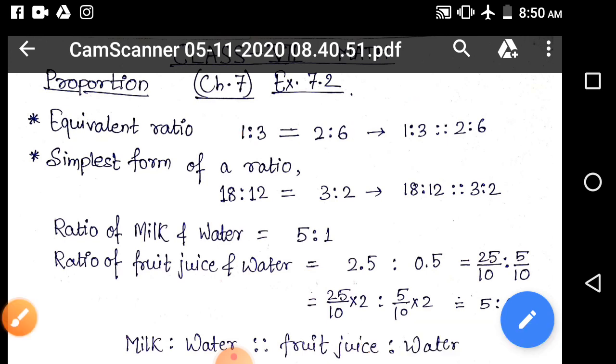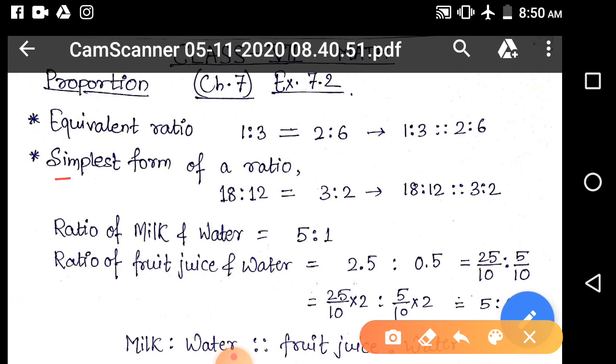Now see the second example, where we remind ourselves about the simplest form of ratios. You all know that if we have a ratio like 18 is to 12, in order to get the simplest form, we can divide the antecedent, that means the first term, and the consequent, that is the second term, by 6. 18 divided by 6 gives 3, and 12 divided by 6 gives 2.